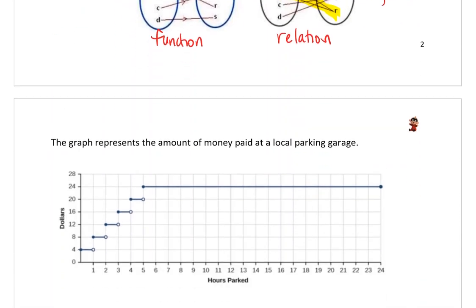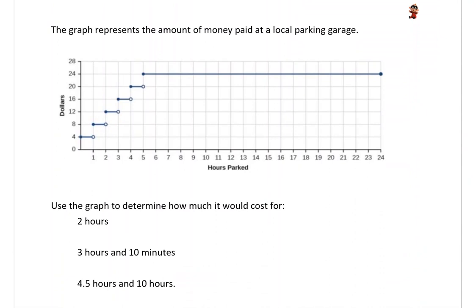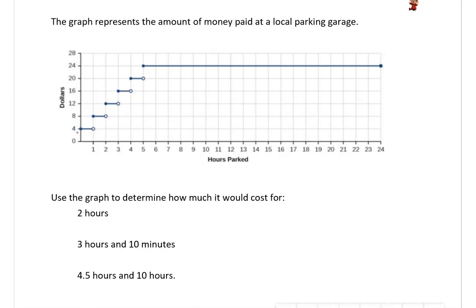Okay. So the graph represents the amount of money paid at a local parking garage. So basically, this is like I went to the mall, I had to pay to park there, and based on how long I parked, I have different amounts of money that I had to pay. So if I'm only parked for 30 minutes, that would be less than an hour.